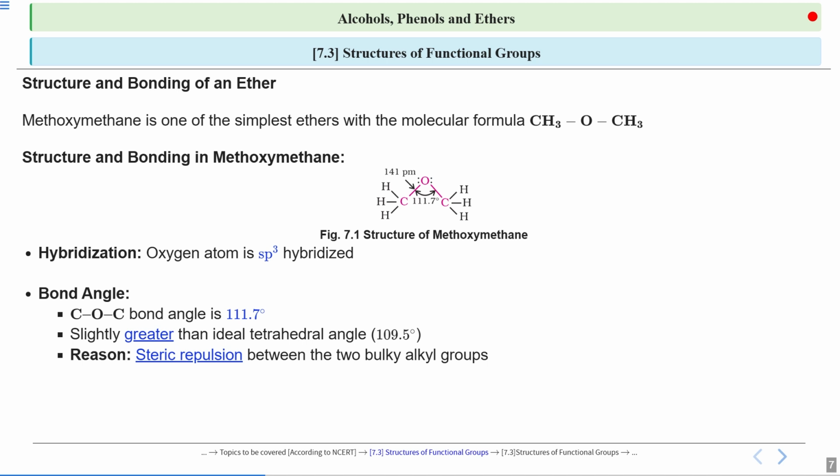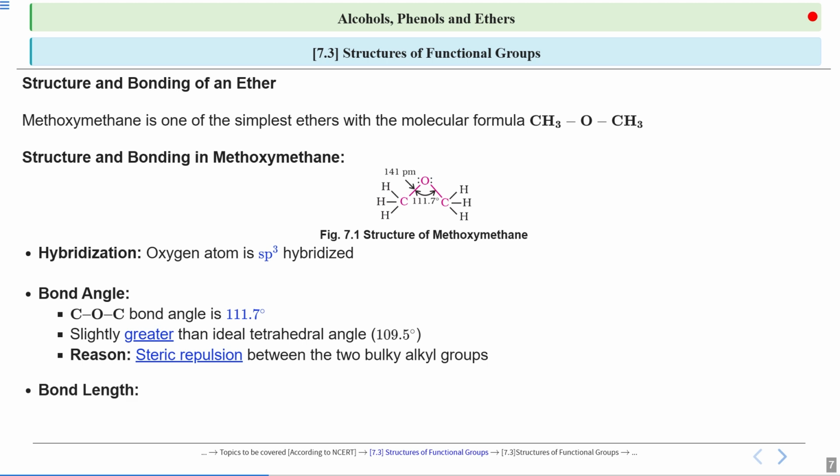This is why the COC bond angle, 111.7 degrees, is slightly greater than the ideal tetrahedral angle, 109.5 degrees, due to the steric repulsion between the two bulky alkyl groups around oxygen.